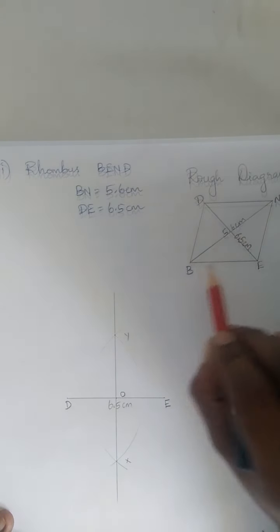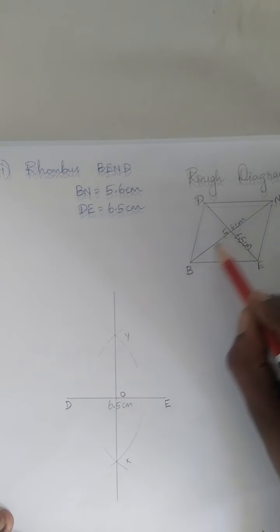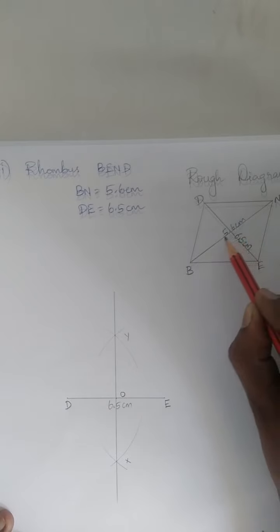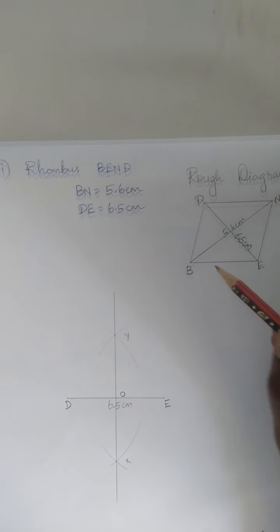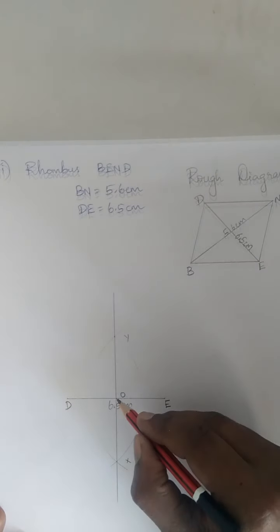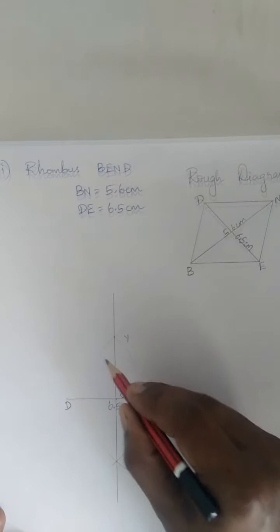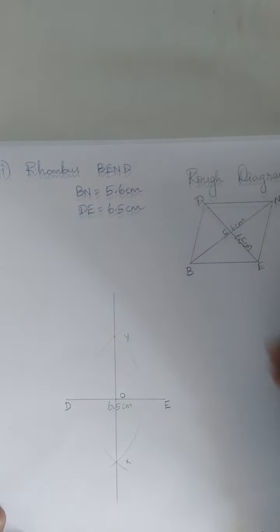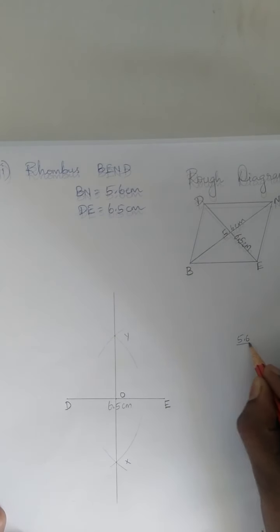And what is the other diagonal measure? The length of the other diagonal BN is 5.6, and we know very well these are perpendicular bisectors. Bisectors mean equal parts. So from O we are going to make one arc up and down. With how much measure? Take the other diagonal 5.6 and divide by 2. 5.6 divided by 2, you will get 2.8.